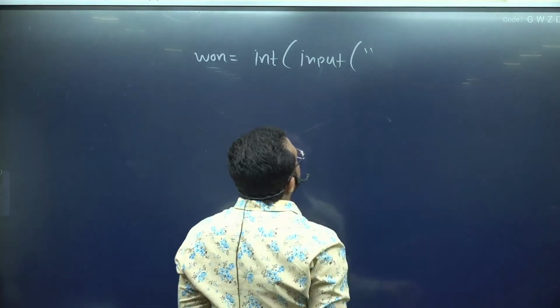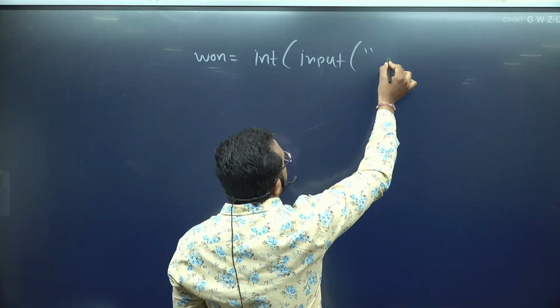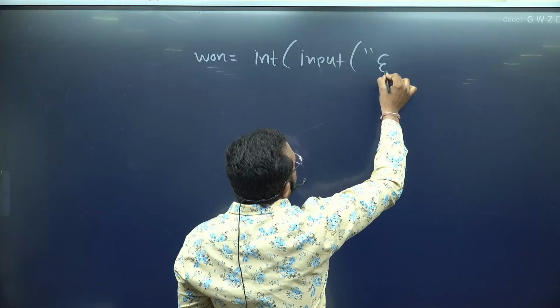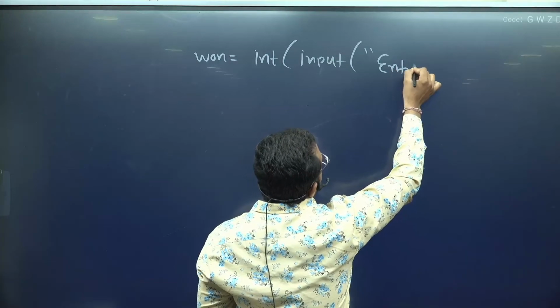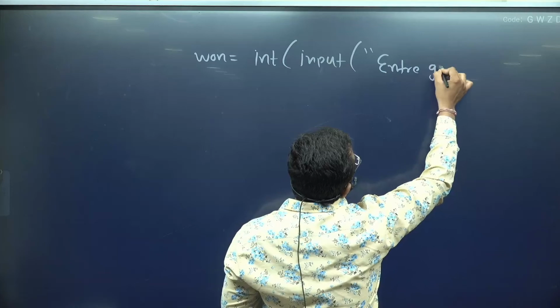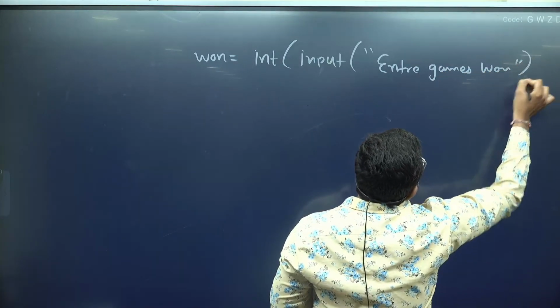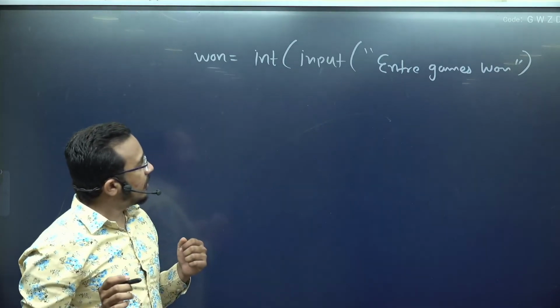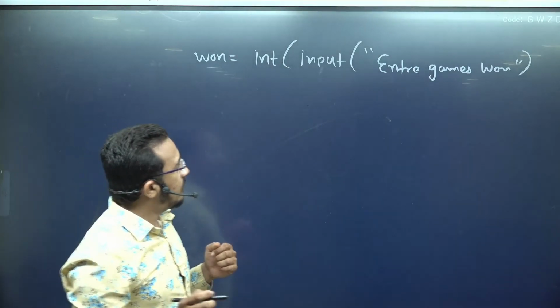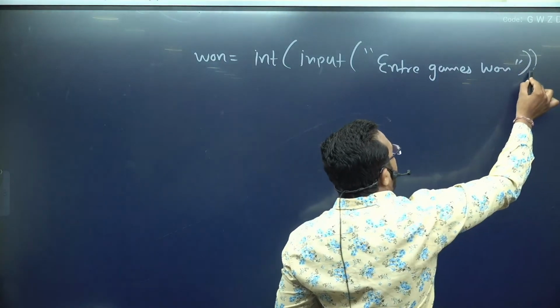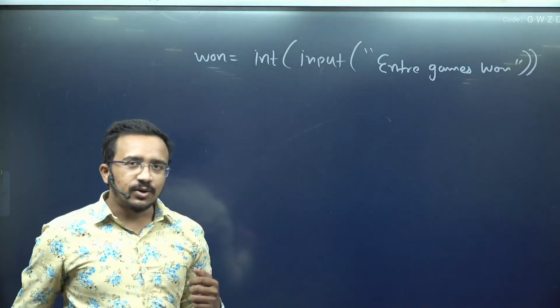Then it's like enter games 1. Perfect. Oh, you need one more bracket. Okay, that's good. I think you got it.